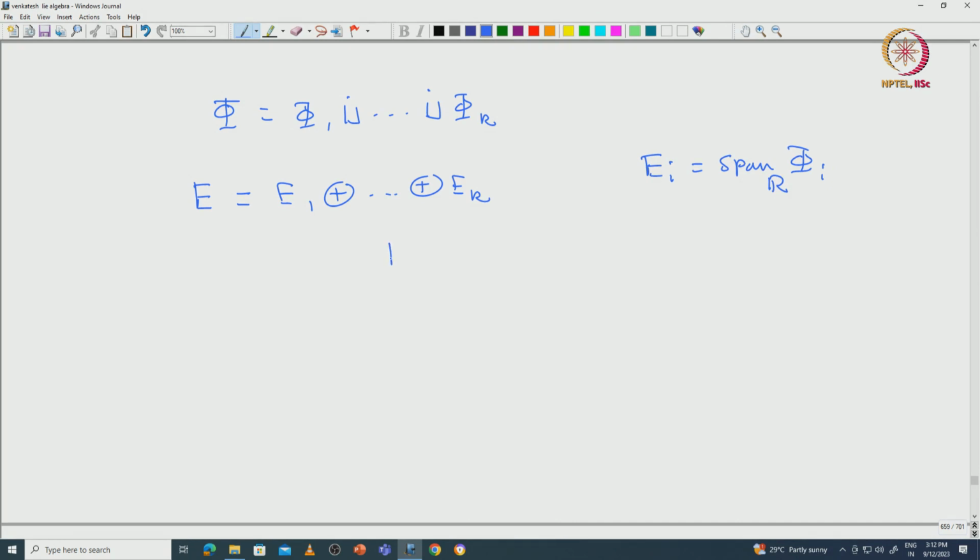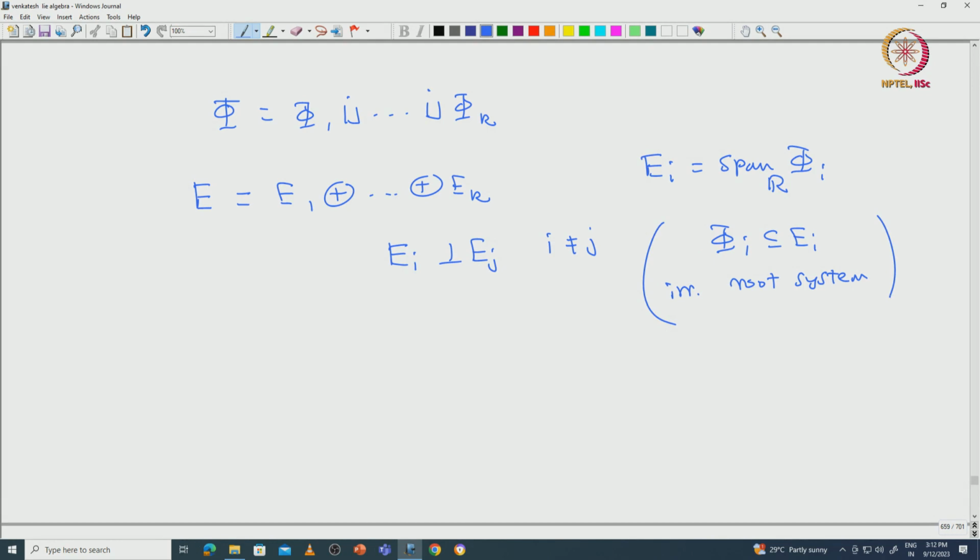So, E i is orthogonal to E j for all i not equal to j. Then E can be written as a direct sum of these E i, and moreover this phi i lies inside E i. So, this is indeed a root system on its own, and it is an irreducible root system. That is also very clear.